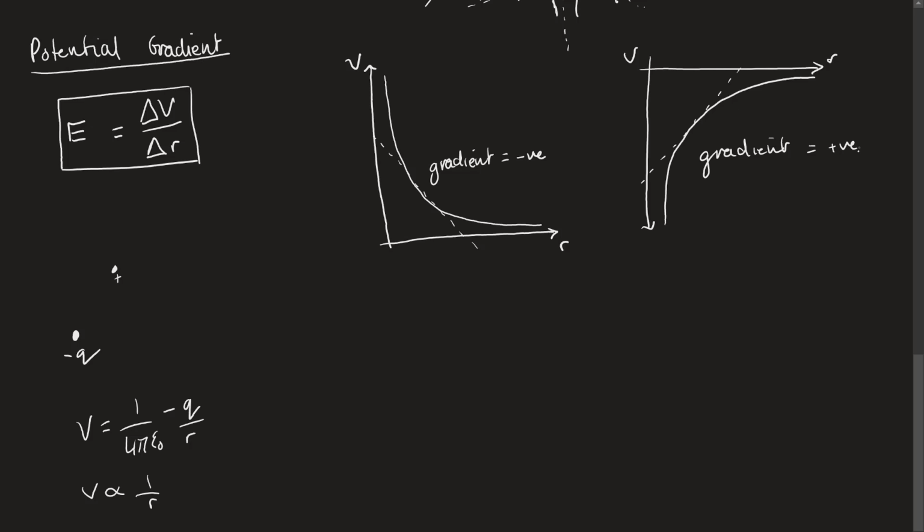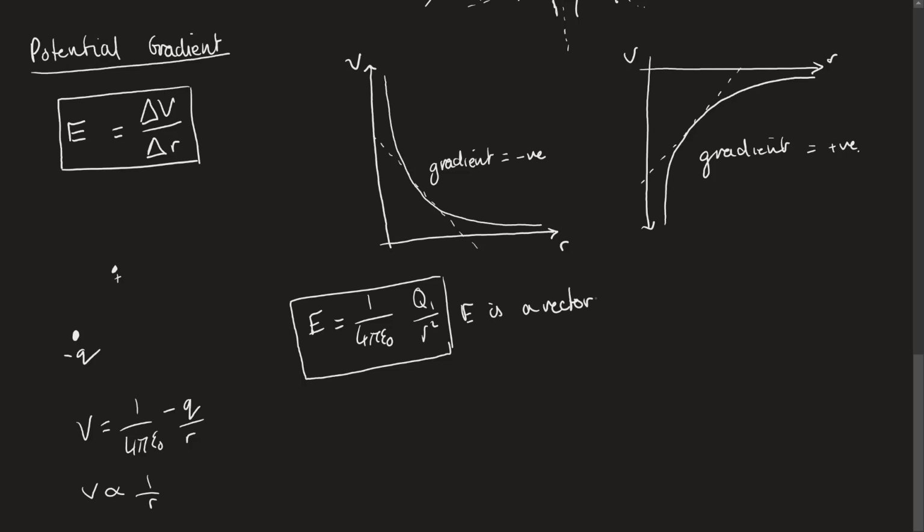So to summarize all of this, we can write the electric field strength as E is 1 over 4 pi epsilon naught Q over R squared for a radial field. E is a vector, and we defined it as the force per unit charge, which means E has units of newtons per coulomb.